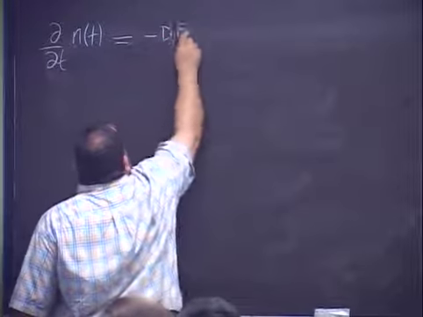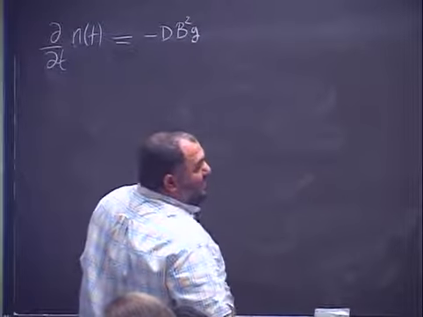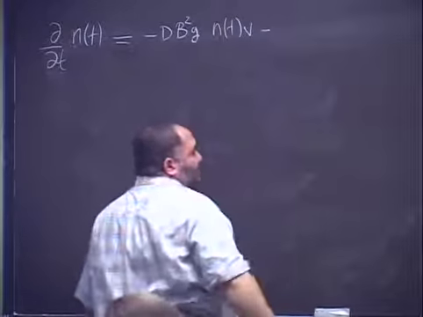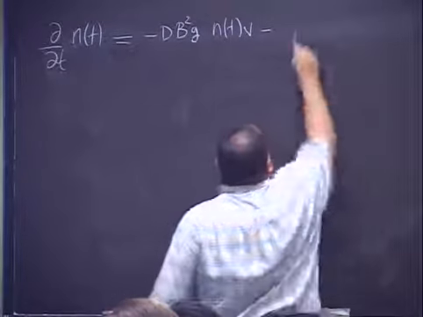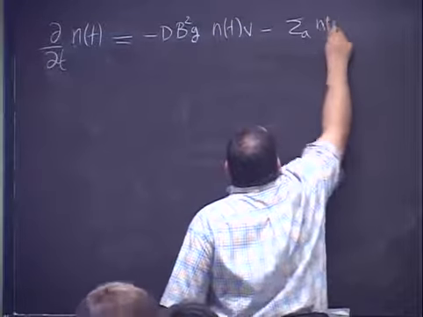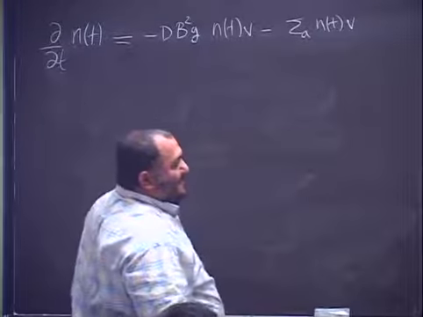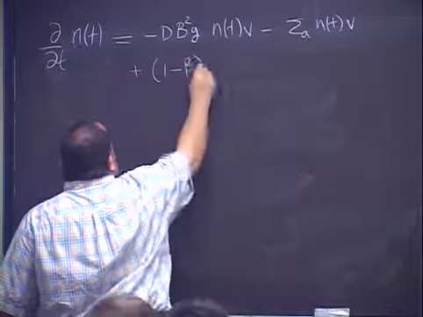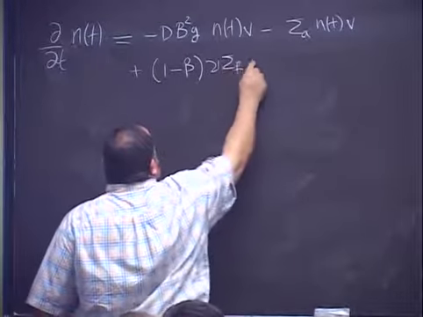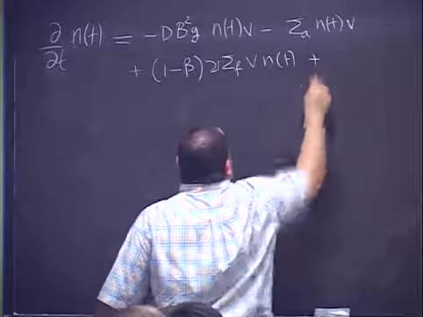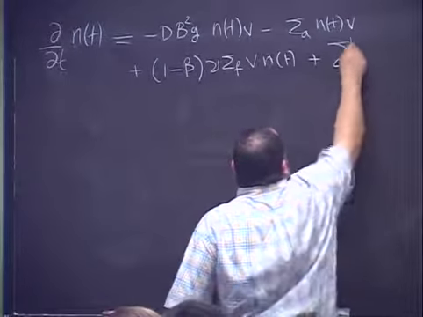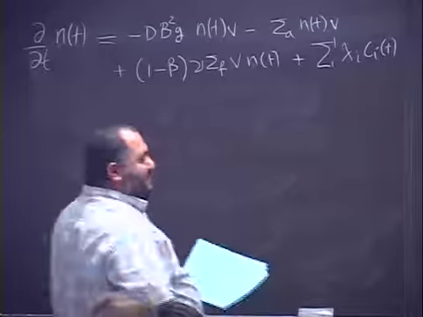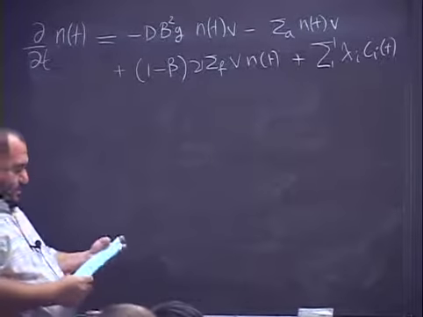Negative D B square G multiplied by n of t multiplied by the velocity, minus sigma absorption multiplied by n of t multiplied by the velocity, plus (1 minus beta) multiplied by nu sigma fission multiplied by V multiplied by n of t, plus the summation of lambda i Ci of t. Guys, do you agree?